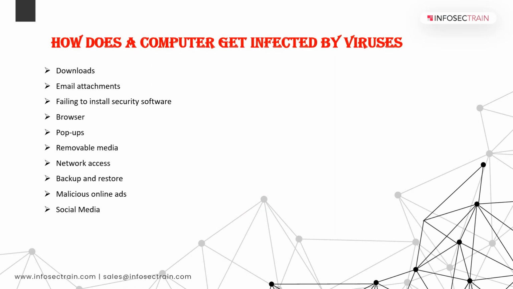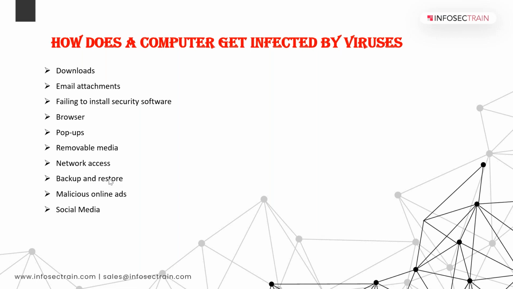And how does a computer get infected by a virus? There are a lot of ways. We have already discussed some: downloads, email attachments, failing to install security software, browsers, pop-ups, removable media, network access, backup and restore. Sometimes we take a backup of our system.